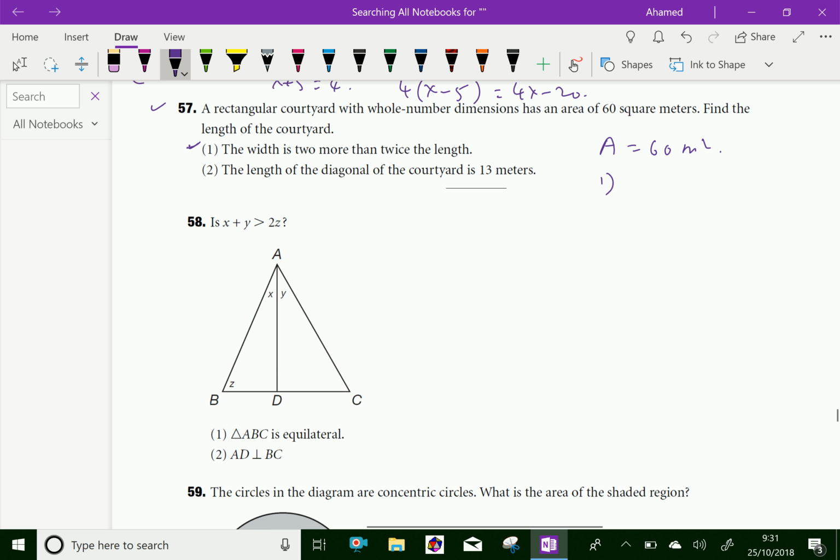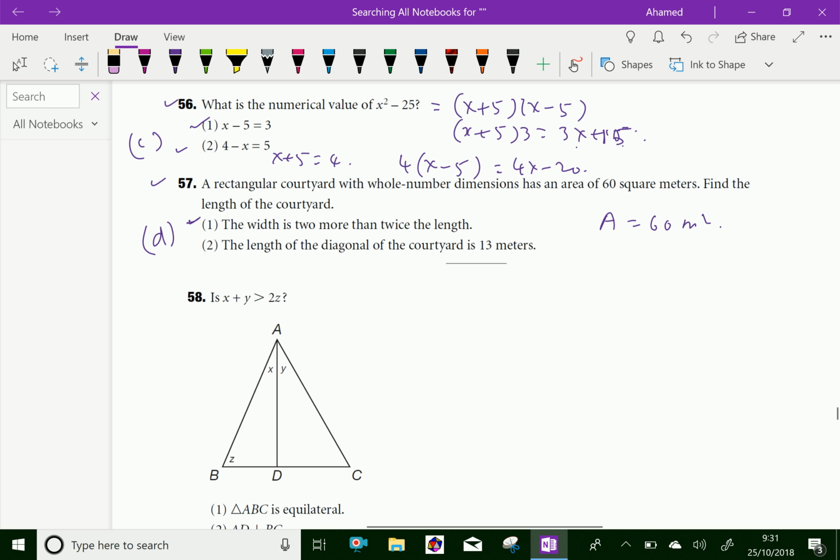Therefore option D. By using the length of the diagonal also we can find, which means the diagonal divides the rectangle into two congruent triangles, and from that also we can solve.